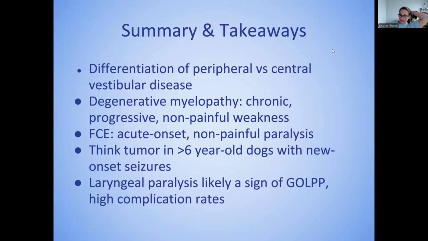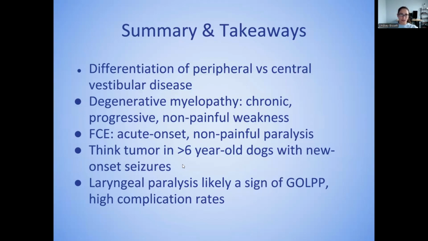So the biggest things to take away are being able to differentiate between a peripheral versus a central vestibular disease patient. And keeping in mind that between degenerative myelopathy versus an FCE, they are both non-painful, but degenerative myelopathy is a chronic progression versus an FCE, which is acute onset paralysis.